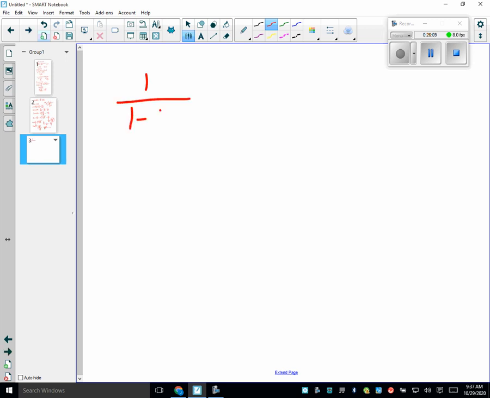1 over 1 minus cosine of x plus 1 over 1 plus cosine of x equals 2 cosecant squared x. It's a difference of squares, or no? Is it conjugates?